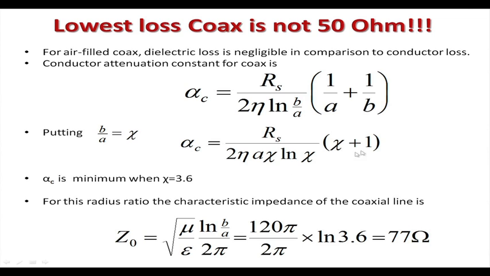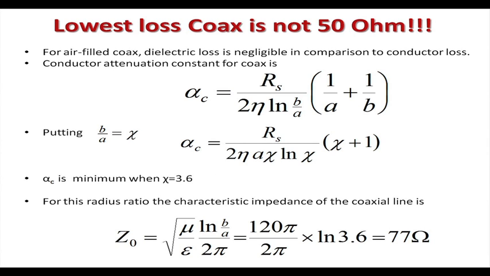So, if you differentiate this function, you see that this ratio B by A is 3.6. This is an important thing. So, that means the conductor loss will be minimum if I choose a B by A ratio of 3.6.